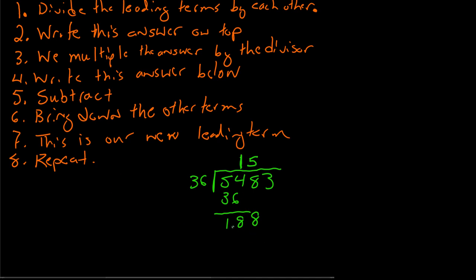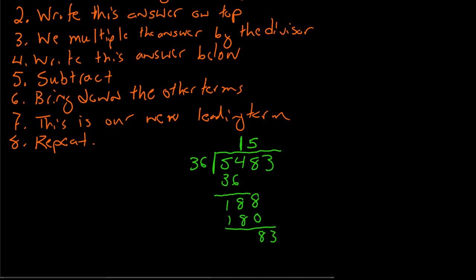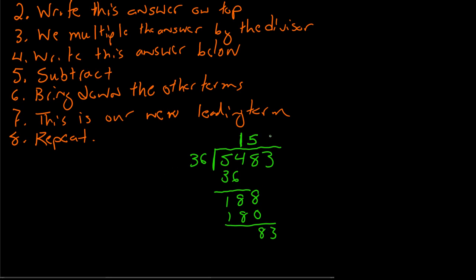This is my new leading term, and I'm repeating. I divide, I get 5, I write the answer on top. I multiply, which is 0, carry my 3. I subtract and bring down my other term. And 36 goes into 83 twice. 72, I get 11. I have a remainder of 11, so I can write that as 11/36. And so 5,483 divided by 36 is 152 and 11/36.